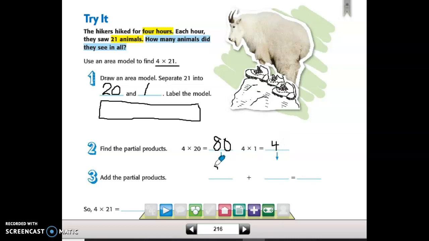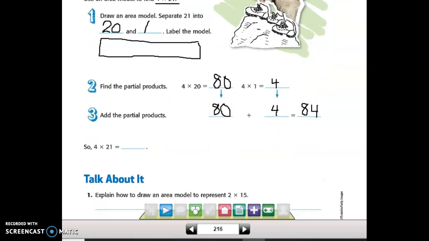So now I've got 80 plus 4, which equals 84. So 4 times 21 is 84.